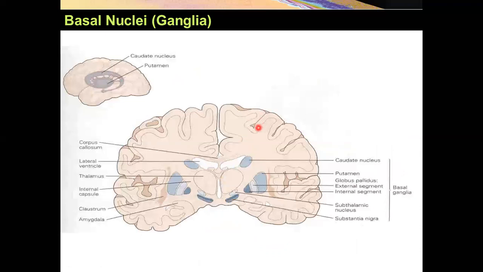Look at here. Again, the basal ganglia include the caudate nucleus, head of caudate nucleus. Here is the putamen, and the globus pallidus, its external segment or lateral segment, its internal segment or the medial segment. Here is the subthalamic nucleus and the substantia nigra.